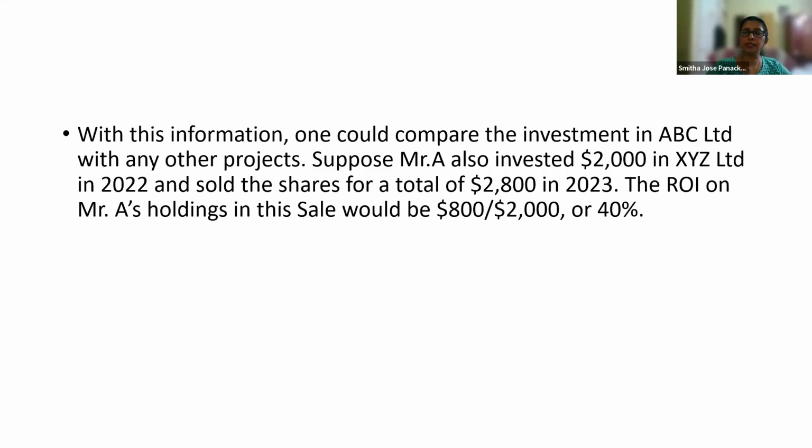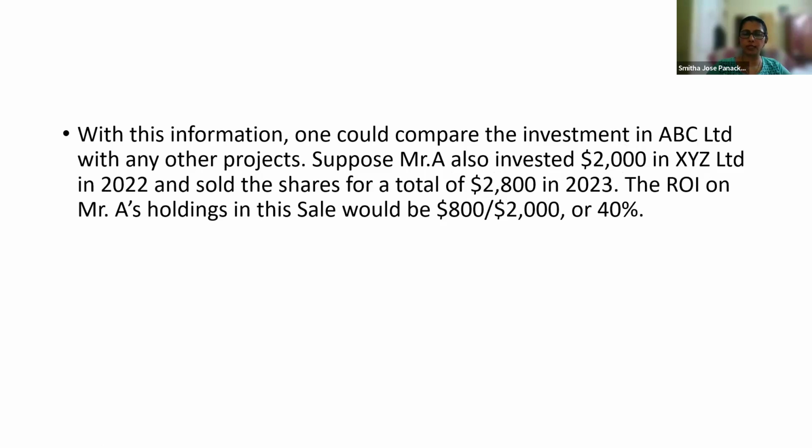Okay, here he is also investing in XYZ Limited, and how much was the investment? He also made an investment of $2,000 in XYZ company in 2022 and sold the shares for a total of 2,800. Then what is the difference here? What is the capital gain? 800, right? 2,800 minus 2,000 is the capital gain.